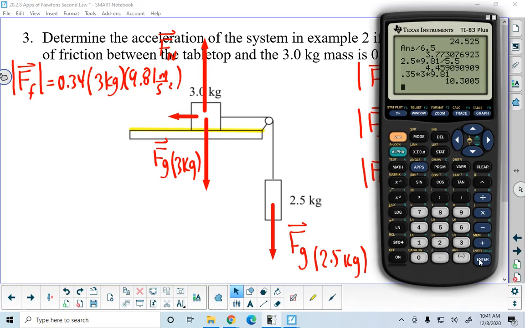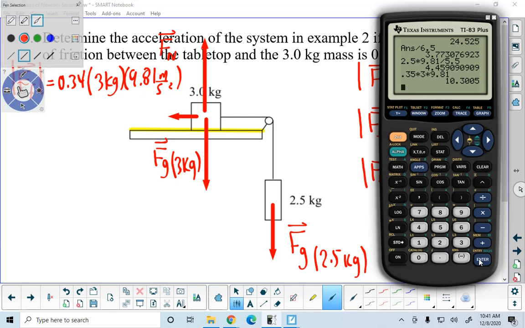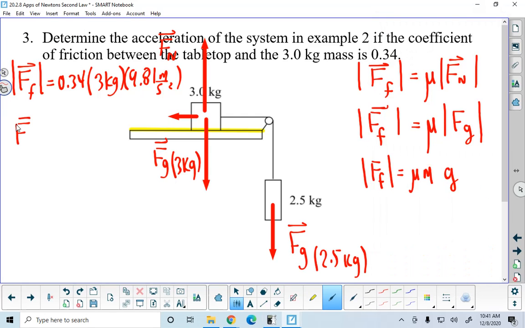I get a force of friction of 10.3 newtons. Well, that means now we better calculate the force of gravity acting down on the 2.5 kilogram mass as well.